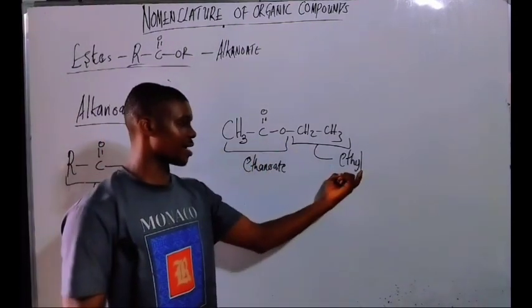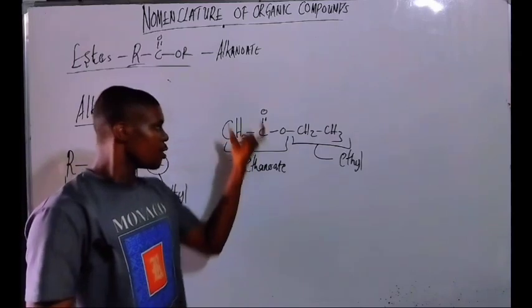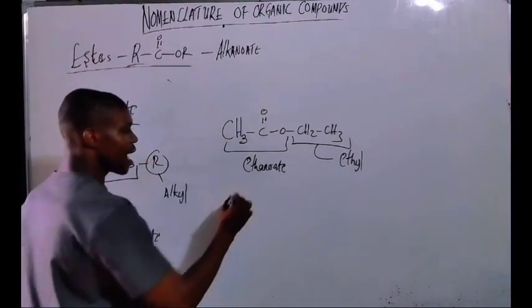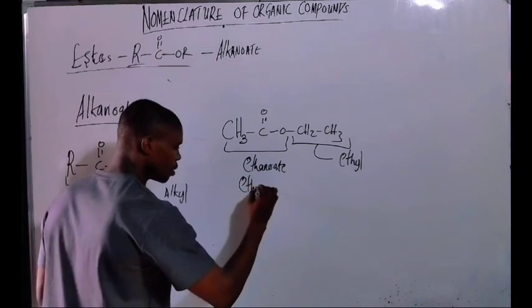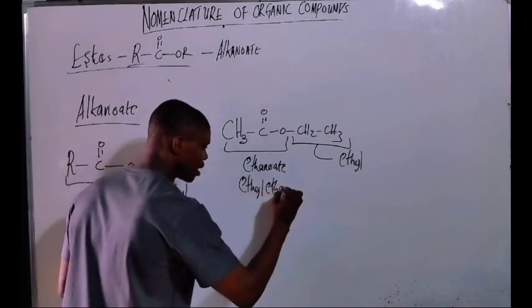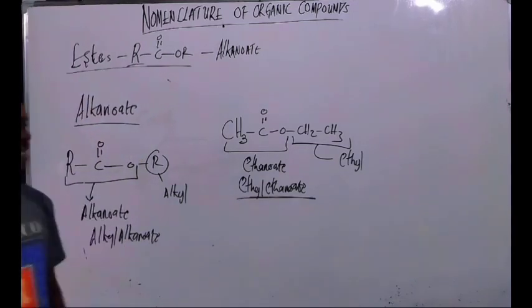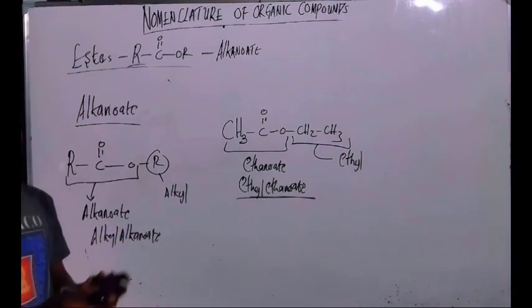Here is the alkyl, and this is the main group because it has the functional group. So it's going to be ethyl ethanoate. That is the name.